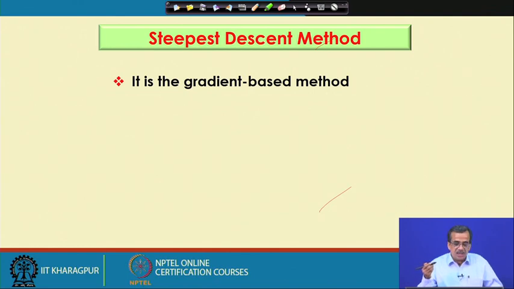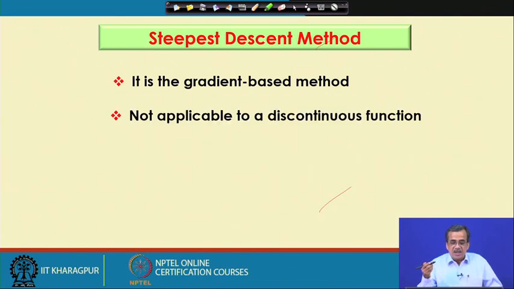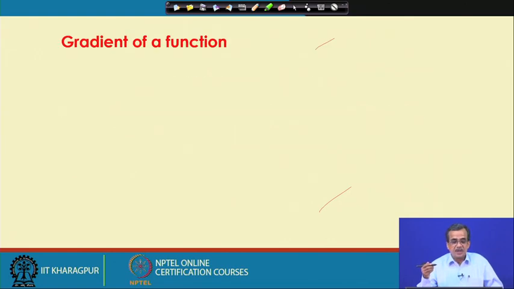And let us see how it works. Before I go for the working principle of this method, let me mention that this method is not suitable for a discontinuous objective function, because the gradient does not exist for that discontinuous objective function.